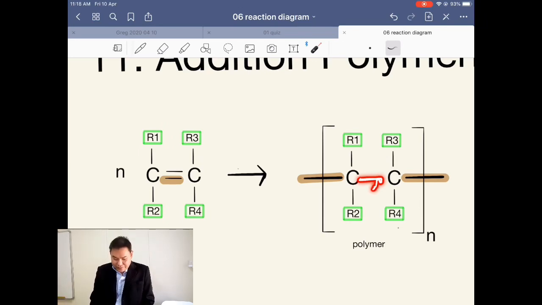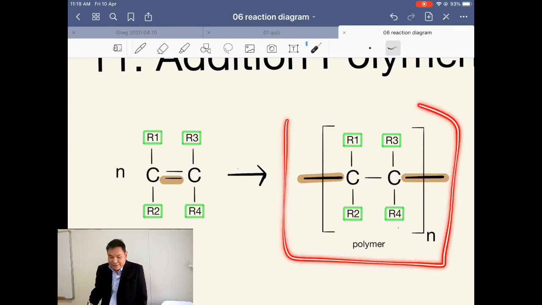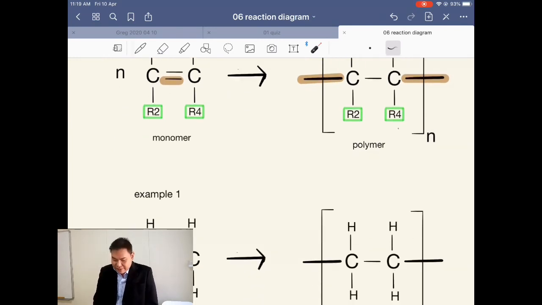When you still group 2 by 2, that group is called monomer. After all of you join together, then you are called the polymer, right? So that's the simple explanation of this polymerization reaction.